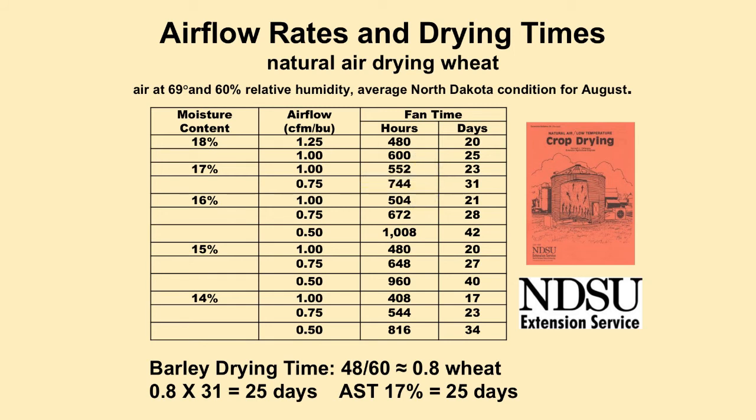The estimated drying time for barley would be 80% of that time, which is about 25 days. However, the allowable storage time of malt barley is 25 days to maintain germination. There would be less probability of germination loss by increasing the airflow rate or not air drying barley exceeding 16% moisture content using an airflow rate of 3/4 of a CFM per bushel.